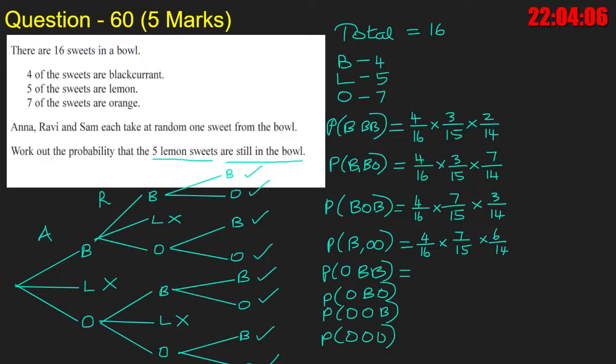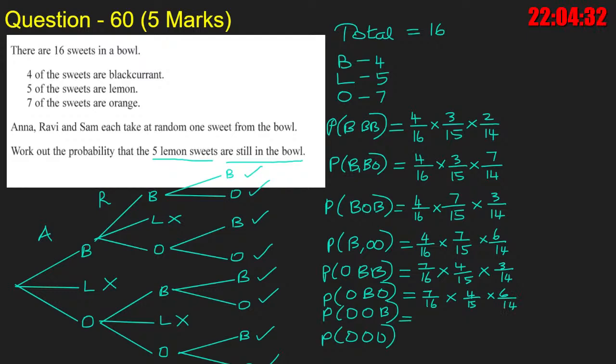So if I can quickly write this one, O means 7 over 16 times B means 4 over 15, then 3 over 14, right? And this OBO means 7 over 16 times 4 over 15, then 6 over 14.